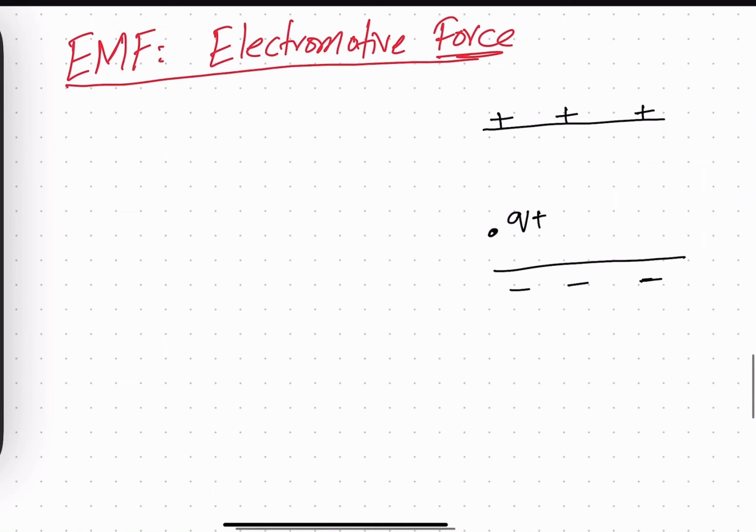Let's suppose this point is A, and you want to take this positive charge from point A to point B. If you want to place this charge from A to B, we have to do some work, because it will not go automatically toward the positive terminal. We have to provide some energy to transfer this charge from point A to point B.